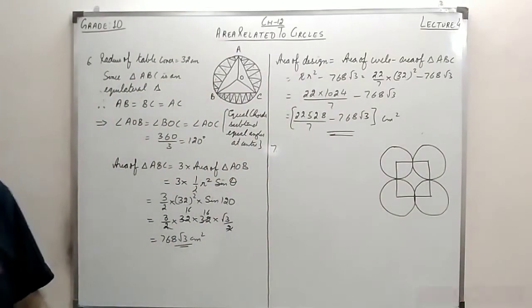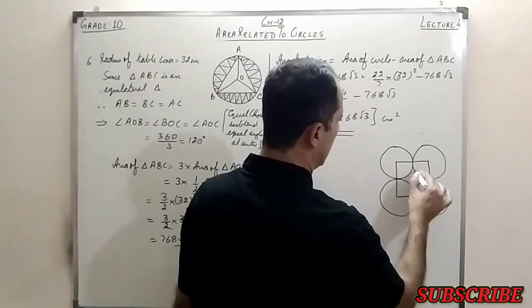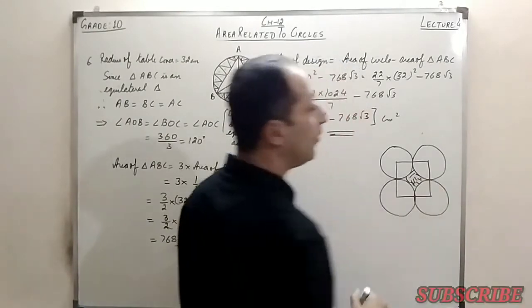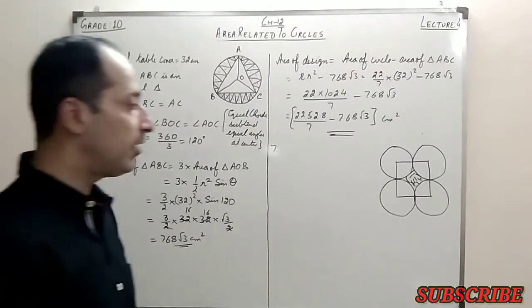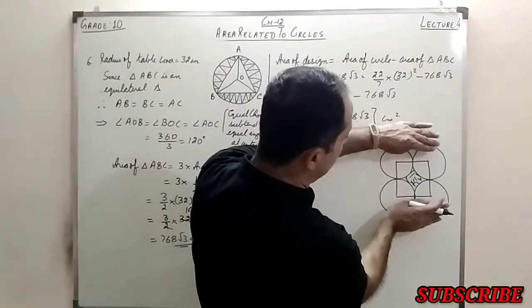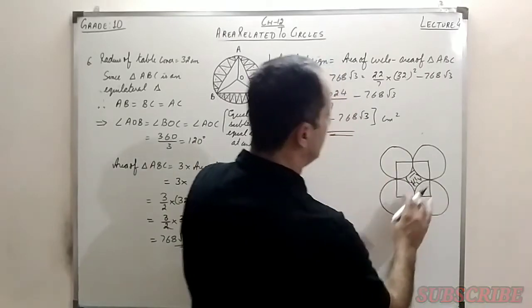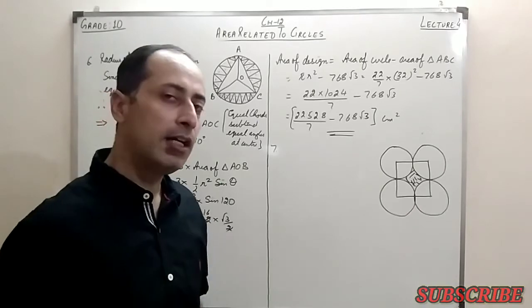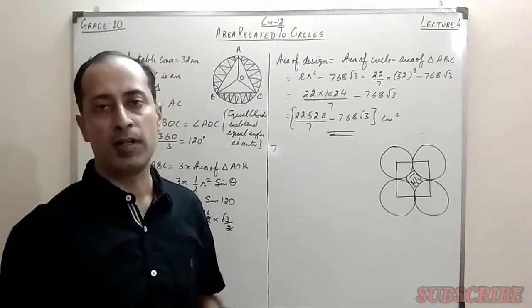And what we have to find is the area between these 4 circles. Now if you see carefully, if I rub out these circles for a minute, this is basically the area of square minus the area of 4 sectors or 4 quadrants, right?